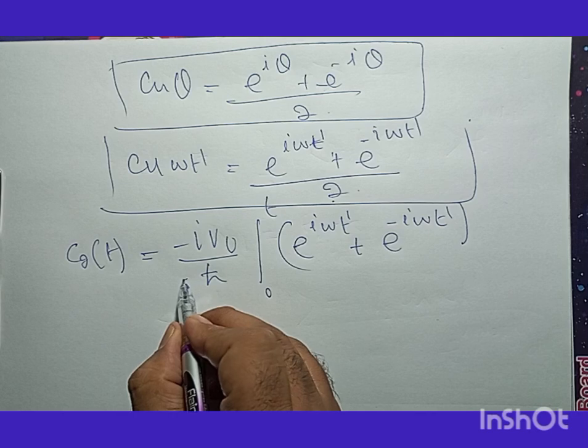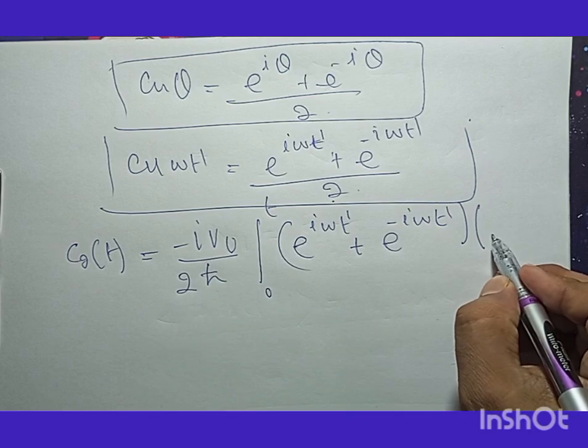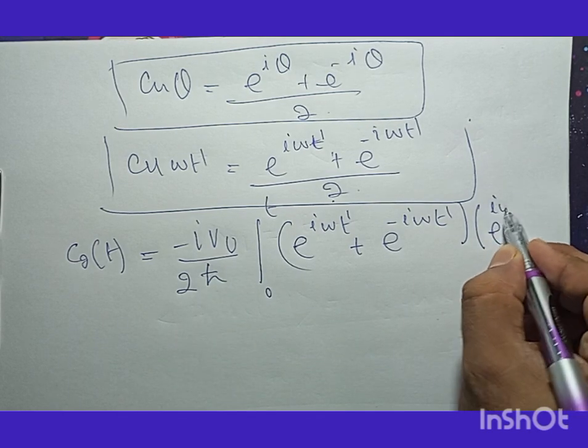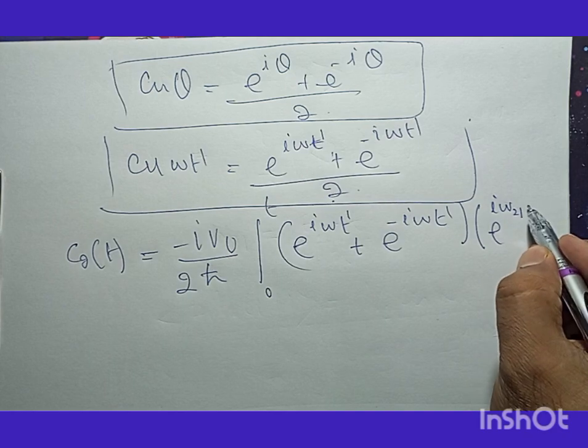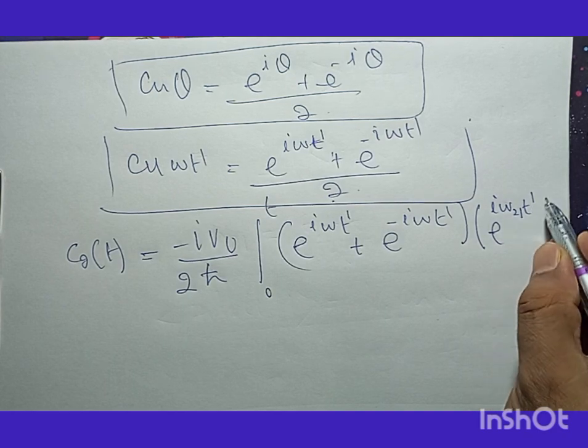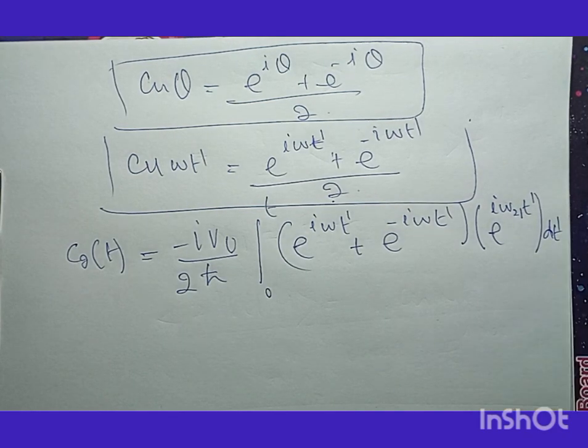And I think this 1/2 will come out, and then we'll have e to the power of i omega21 t', and then dt'. I think it should be clear up to now.